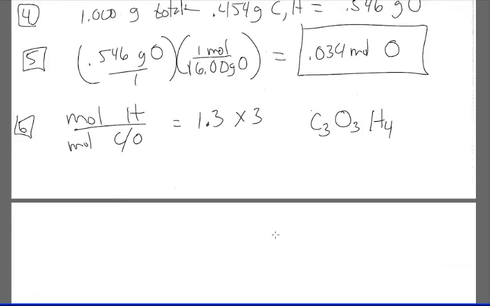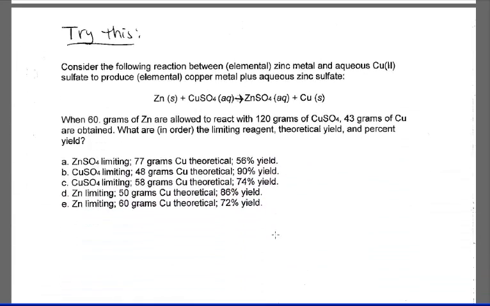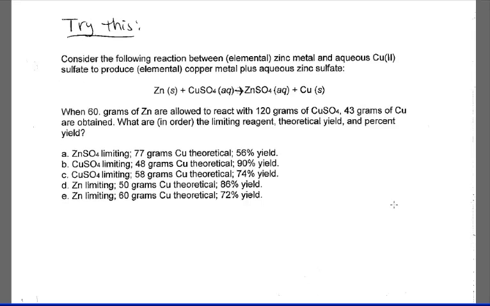Finally, I have a problem that is not combustion related, but combines a couple of different concepts from this chapter in one problem, so I thought I'd go over this now. This reaction is with zinc and copper sulfate to produce zinc sulfate and copper.